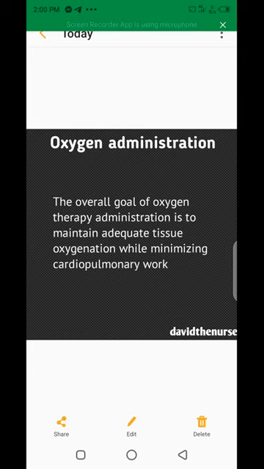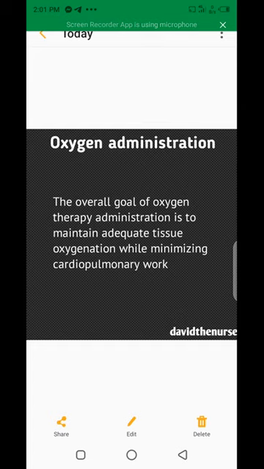Now, in administration of oxygen, of course, we know positioning is important. Before you administer oxygen, place your patient in semi-Fowler's position, 30-degree head up, and see how the patient does. Now, if there's an indication for oxygen administration, how do you administer oxygen to your patients? And that is the essence of this video.